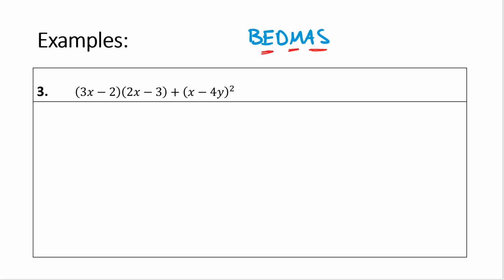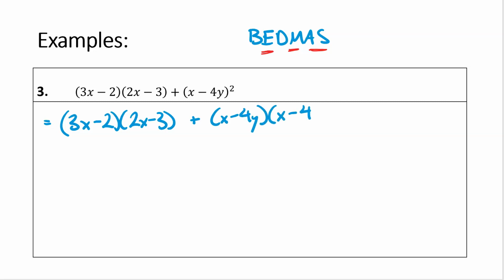So what we're going to do is first rewrite this as 3x minus 2 multiplied by 2x minus 3 plus x minus 4y squared, which just means that x minus 4y is multiplied by itself. Okay, and then we'll expand the two sets of products, and then simplify.